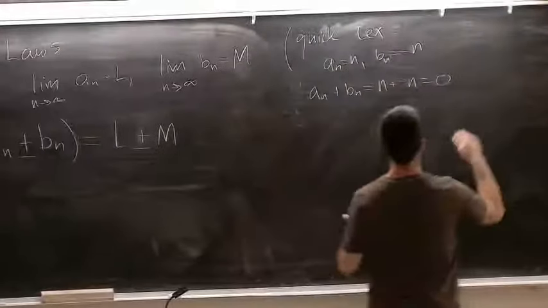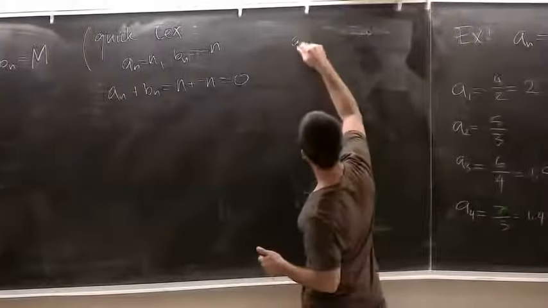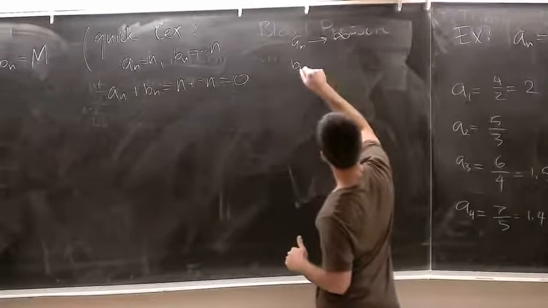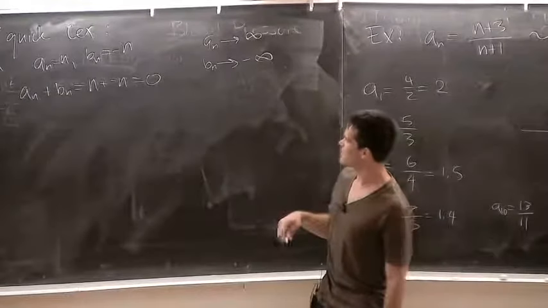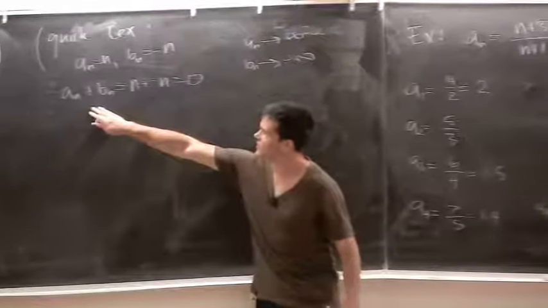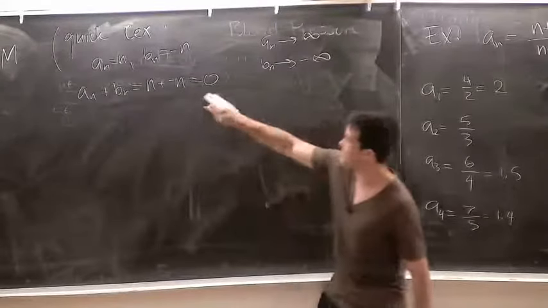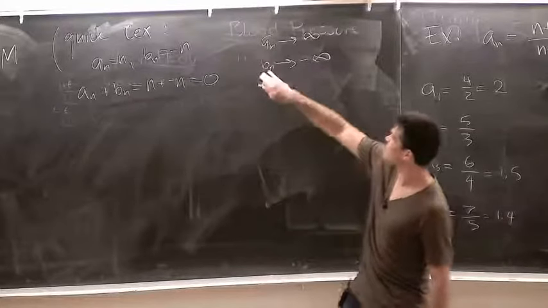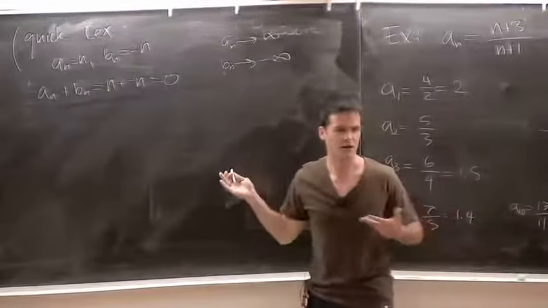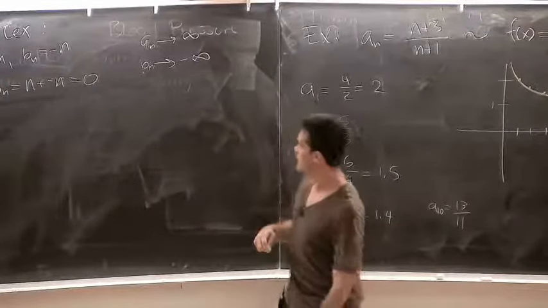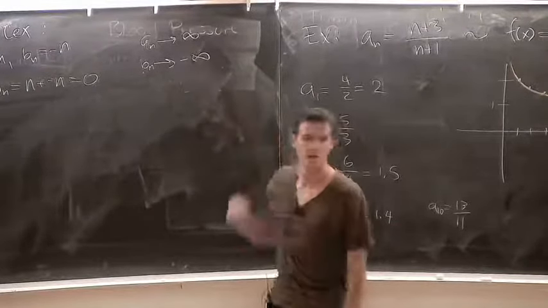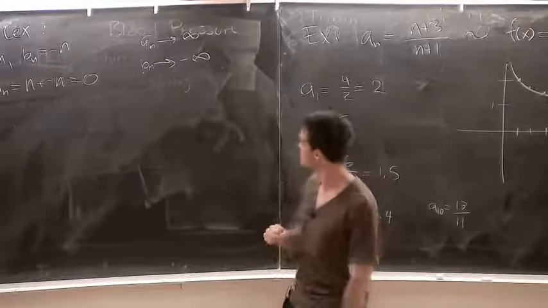But a_n goes to infinity, b_n goes to negative infinity. So the limit of the sum exists, but for the sum of the limits, you're not allowed to add infinity plus negative infinity. That's totally not allowed.